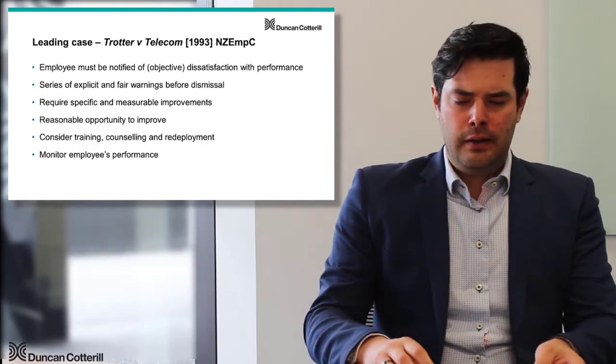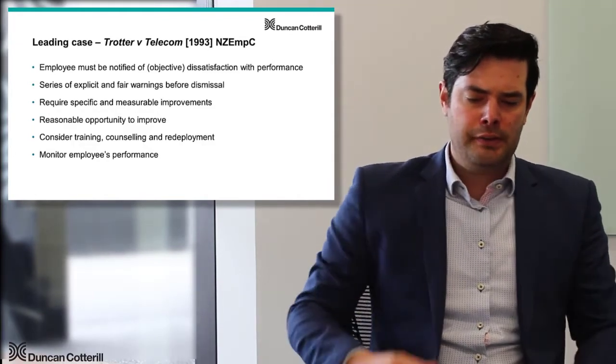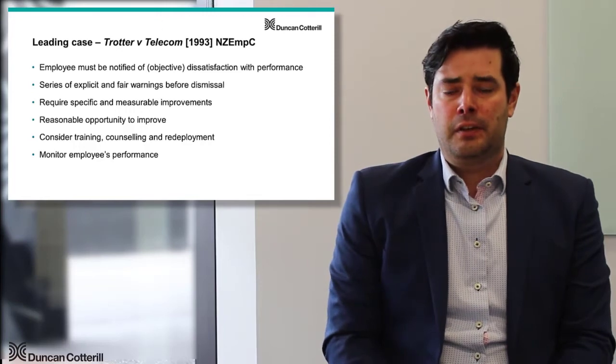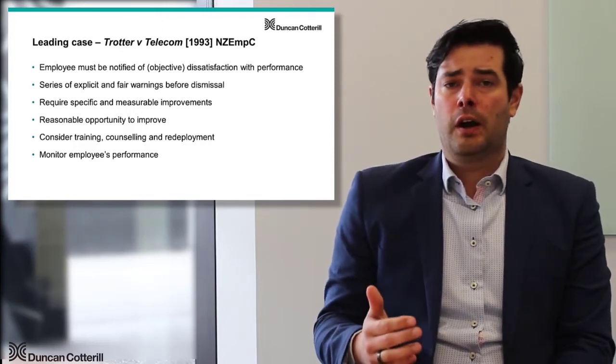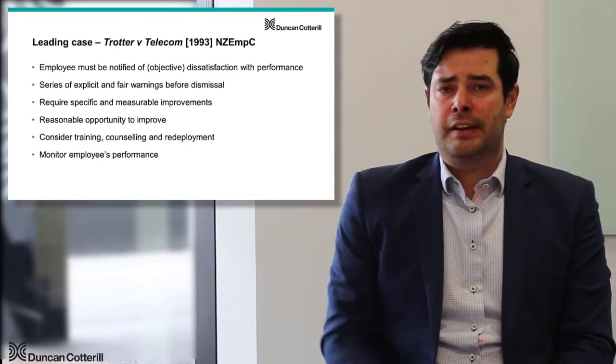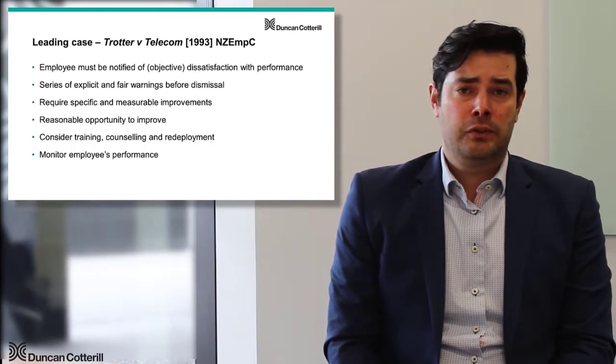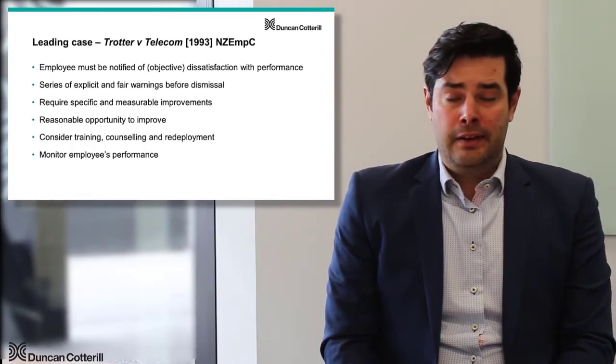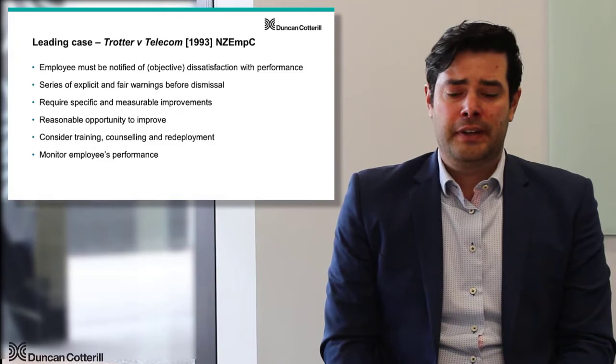The manager, shortly after that, in August of that year, sent a further communication to Mr. Trotter requiring that he improve dramatically his performance within the next 2-week period. And otherwise, she said, she'd be forced to take further steps.